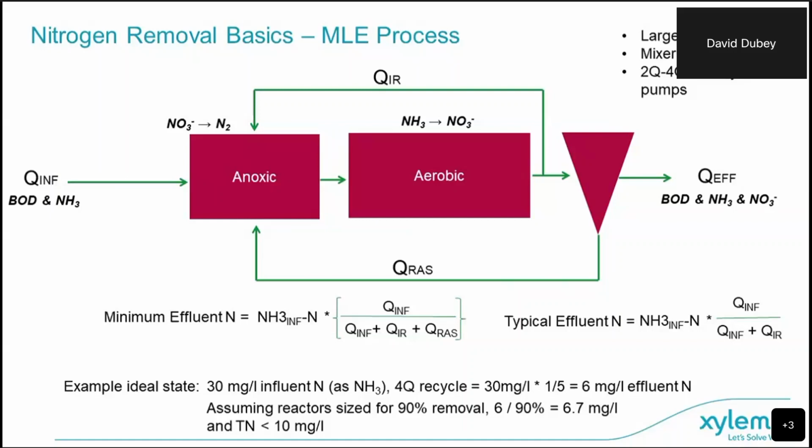So if we treat all ammonia completely in the aerobic reactor, our total effluent will be only nitrates, and they will be basically Q influent divided by Q influent plus the IR and the RAS rates. And it'll all be as nitrate.